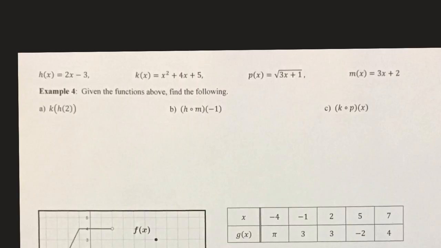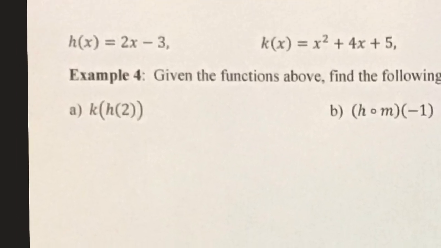Okay, this is the back of the worksheet. Now I have 4 different functions, h and k and p and m. So it says evaluate h of 2 or k of h of 2. So first I'm going to plug 2 into my h equation. Okay, so h of 2 is 4 minus 3, which is 1.